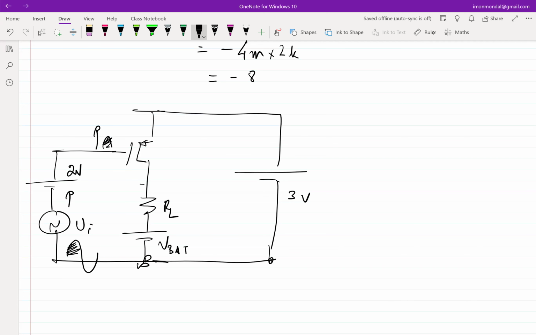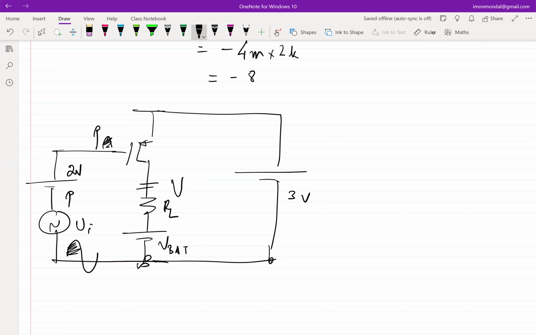If the current decreases, the drain voltage is decreasing, right? So essentially the input increases and the output decreases.